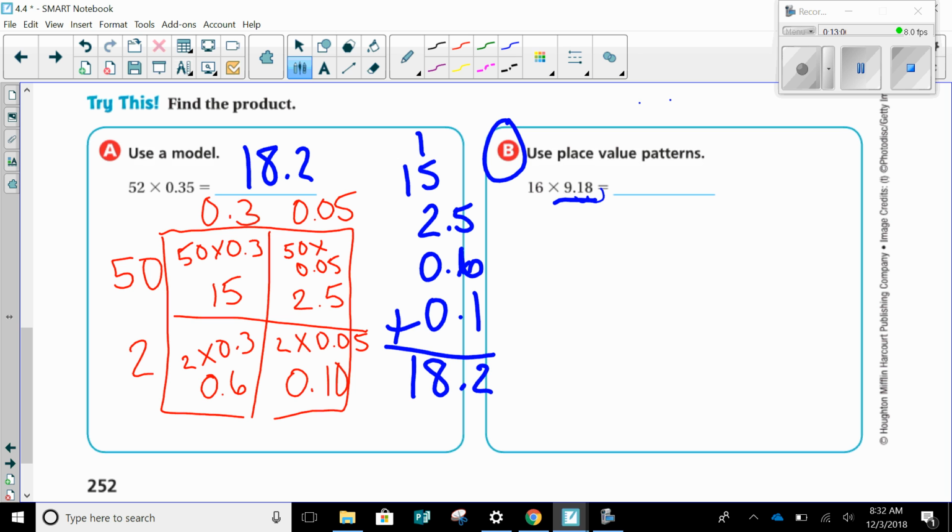So I'm going to move the decimal point over. So I have 918 times 16. 16 is already a whole number. Okay, so then I'm just going to multiply these.